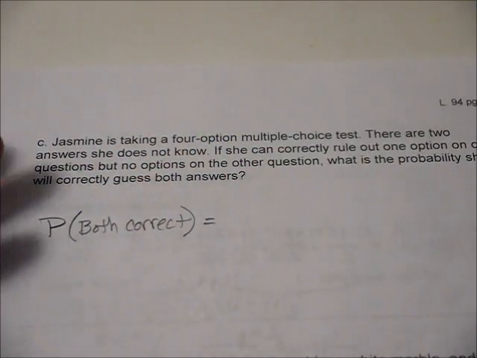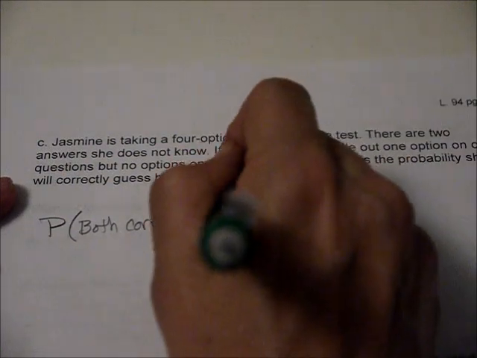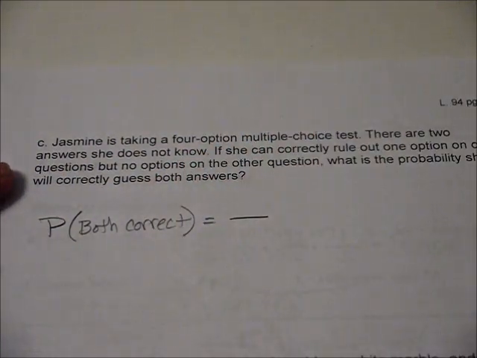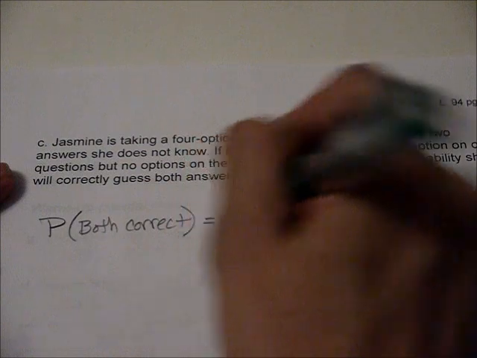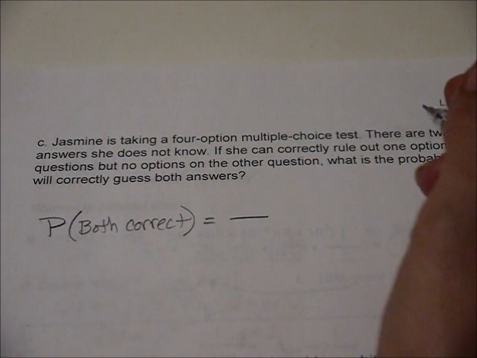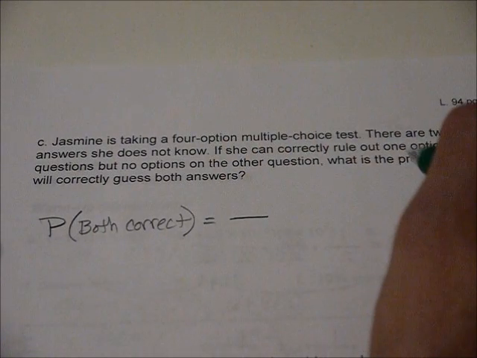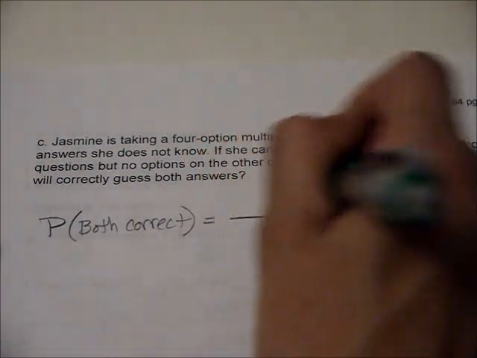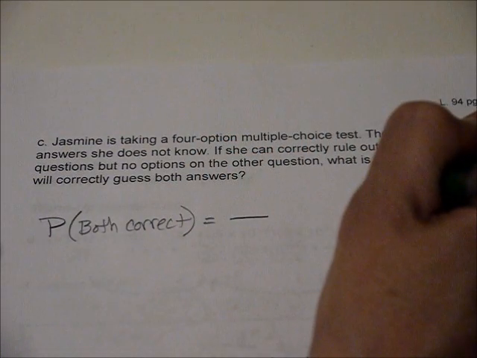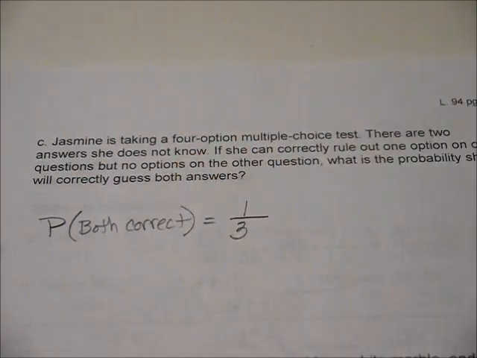Let's take out, she can rule out one option out of 4. So for the first one, she has a chance of getting the right one out of 3.